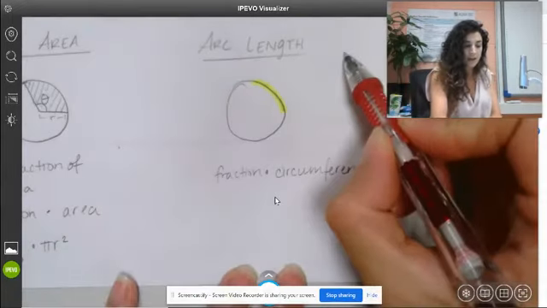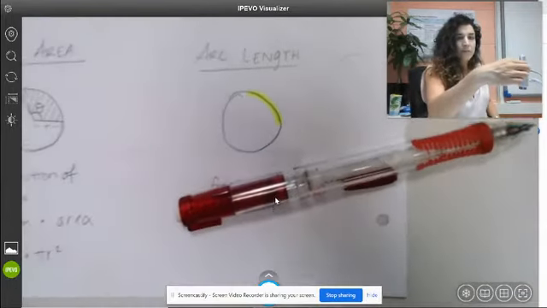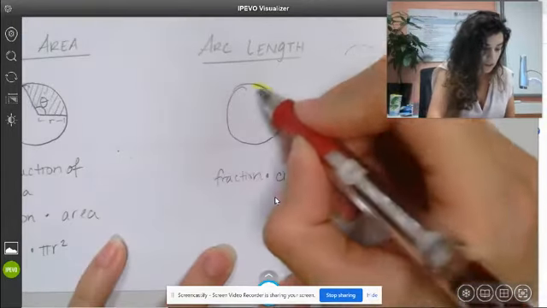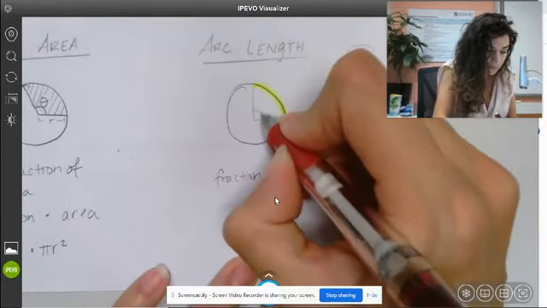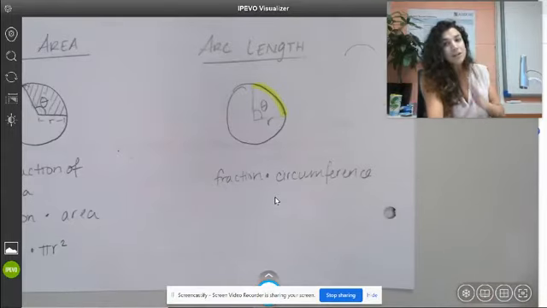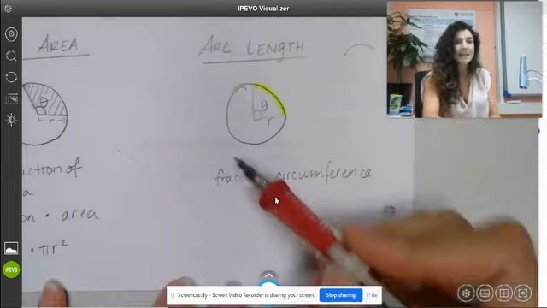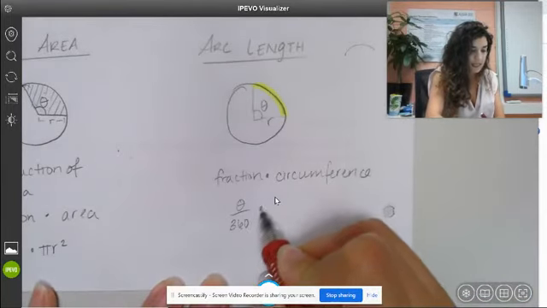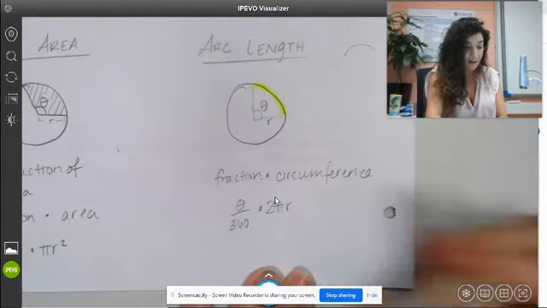Even if we just see it as an arc length in a situation that looks like that, we know that that arc is part of a bigger circle. And so we have to compare it to what would be the original circle. We still have theta and we still have a radius, and we're just saying it's a fraction of the circumference of this circle. And how we know what fraction of the circle it is, again, is by looking at that central angle, so theta over 360, and now just times the circumference of the whole circle, which would be 2 pi r.